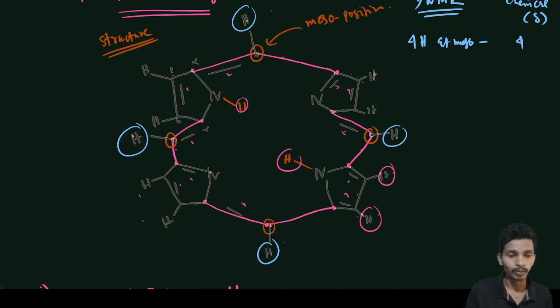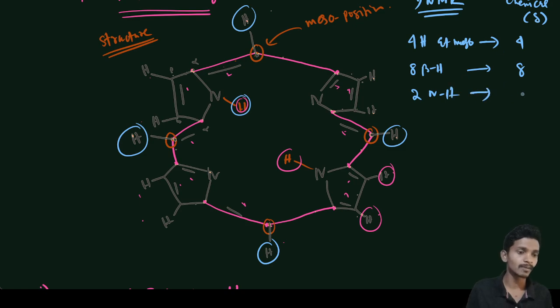And for beta hydrogens, how many are there? 8 beta hydrogen atoms, and the chemical shift value will also be 8. And for NH atoms, 2 NH atoms are there, and here also the chemical shift will be 2. So it is very easy to remember: for 4 meso hydrogens we get chemical shift 4, for 8 beta hydrogens we get 8, and for 2 NH atoms we get 2.